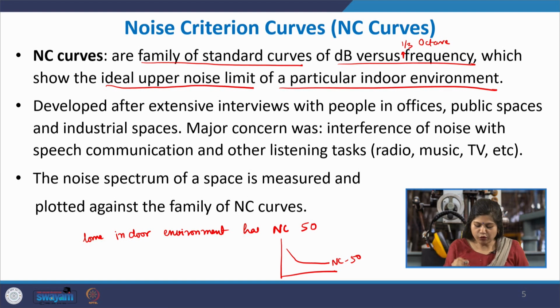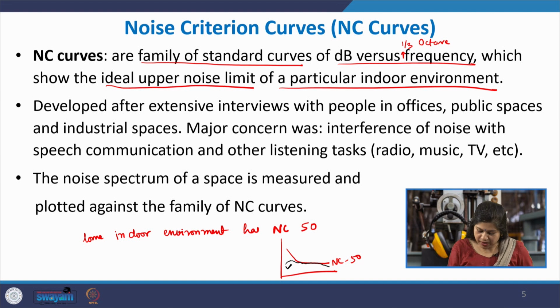For that particular space, its 1/3 octave spectrum should be such that it should nowhere exceed this NC 50 curve. That is how the definition is: for a particular environment, whatever is the recommended NC value, you have a standard contour belonging to that NC value, and nowhere should the 1/3 octave spectrum of that indoor environment exceed that level.